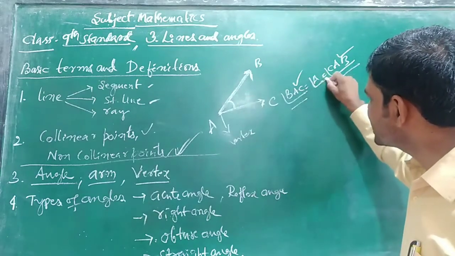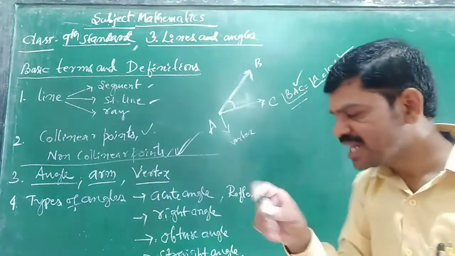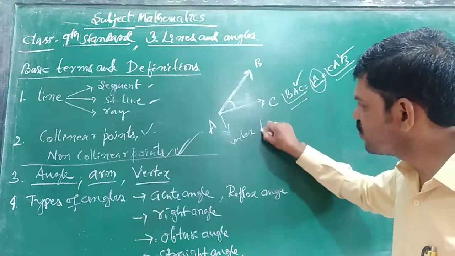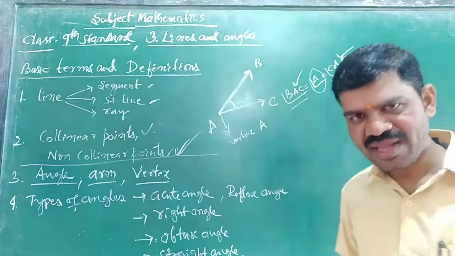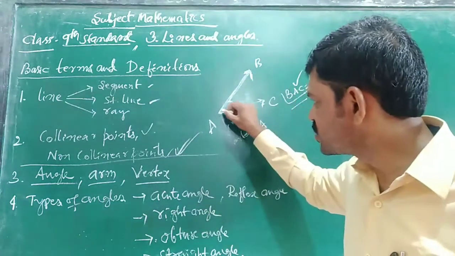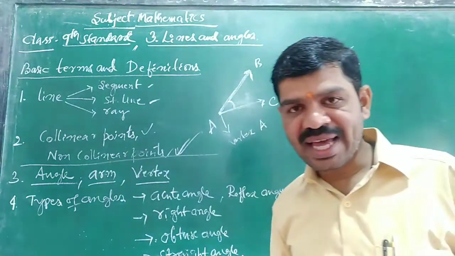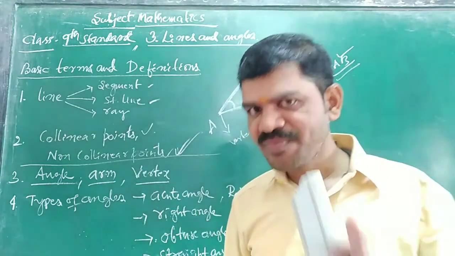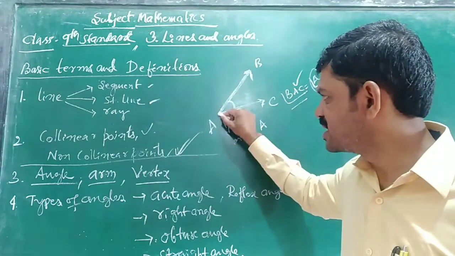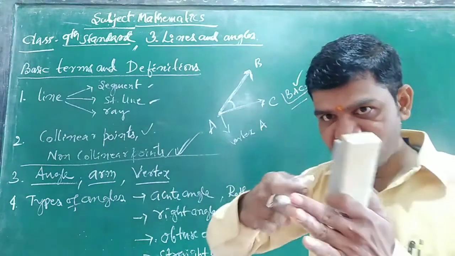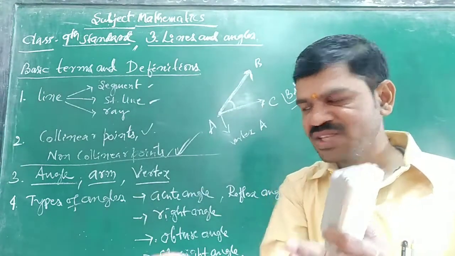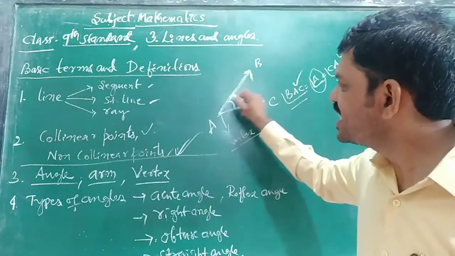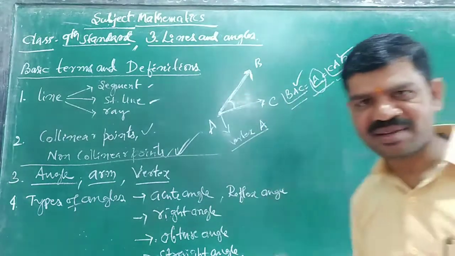If we write this angle, this is an angle. If we write only A, that is a vertex. This corner outside the angle, that corner is called vertex. This pointed corner outside the angle is vertex. Inside the angle, that is an angle.